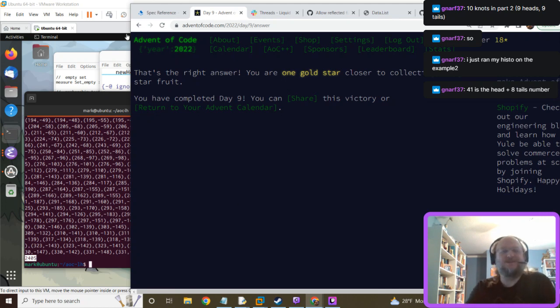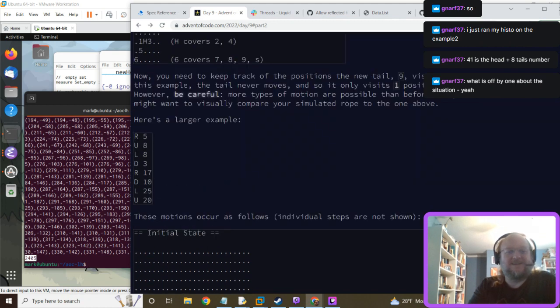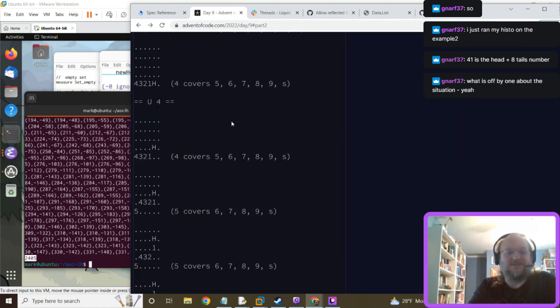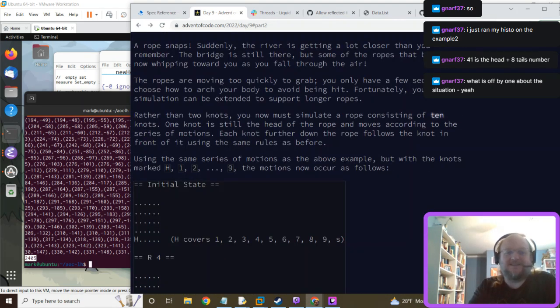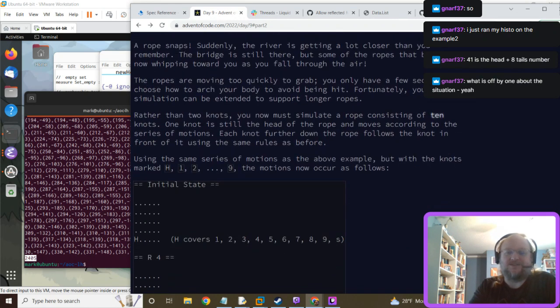Because with one simulation, you have a head and a tail, which is 2 knots. And with 2 simulations, you have 3 knots.